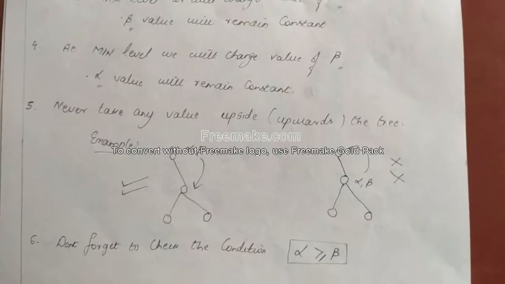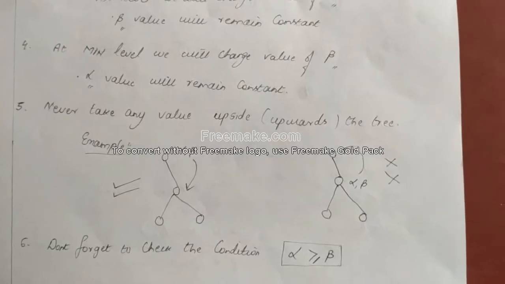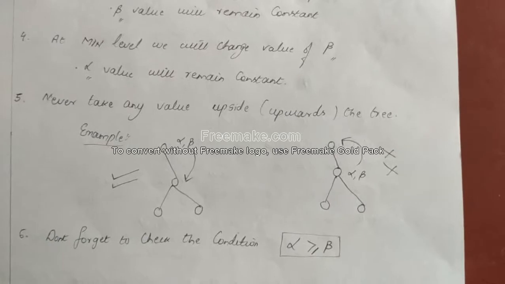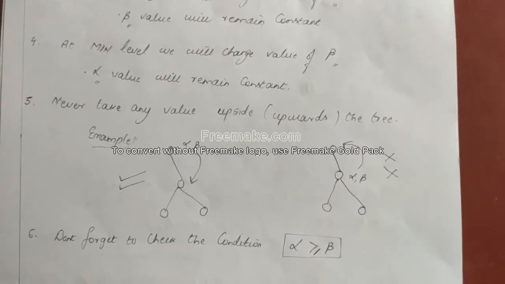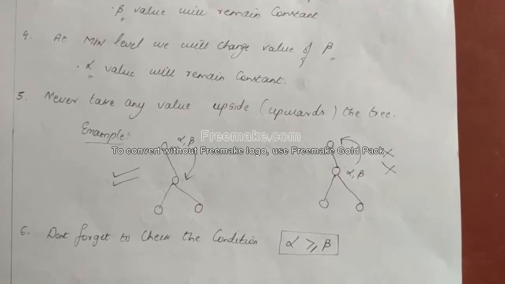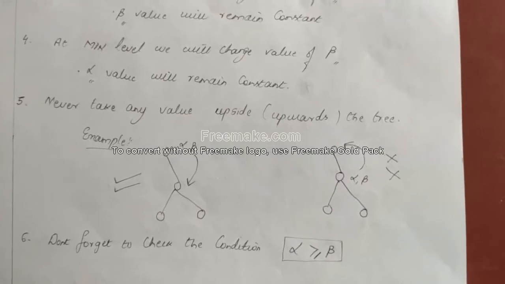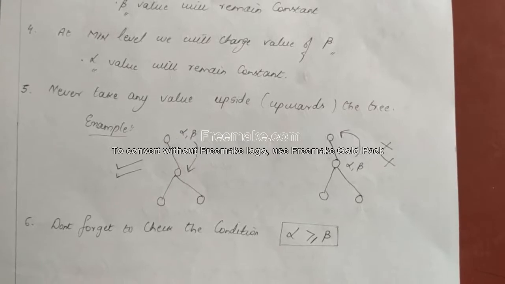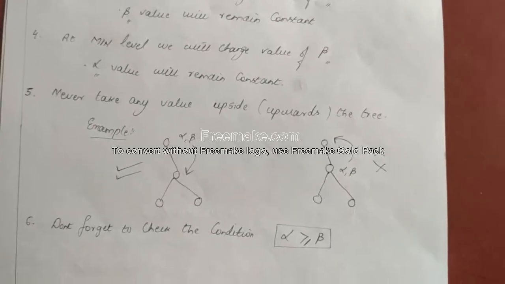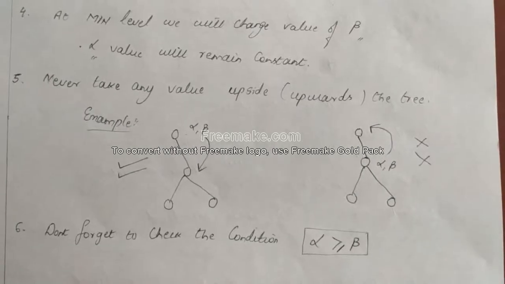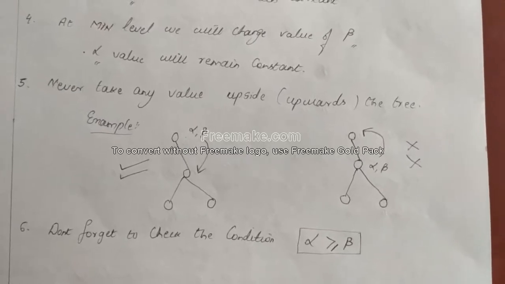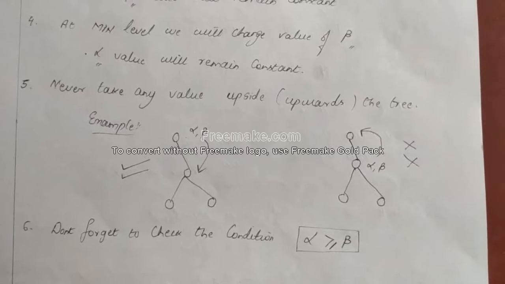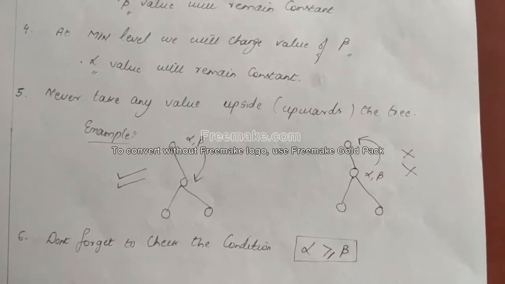The fifth step is the most important step to solve alpha beta pruning algorithm problems. As the example shows, the values of alpha and beta can be taken downwards. That is, the values can be straightaway moved downwards, but cannot be retraced or taken upwards. While solving the problem, one must not forget to check the condition.